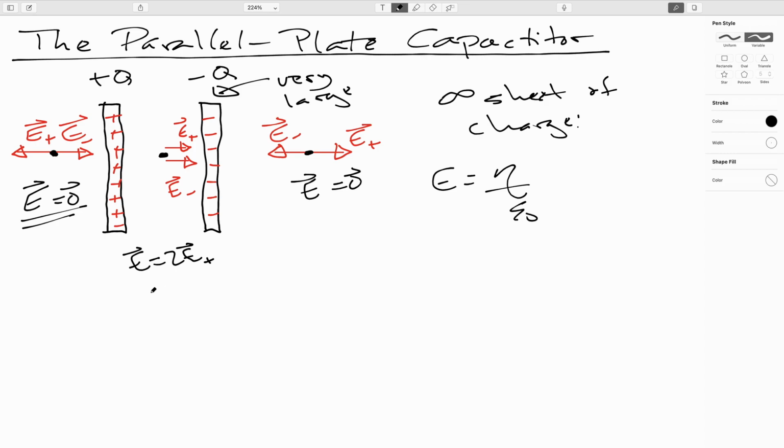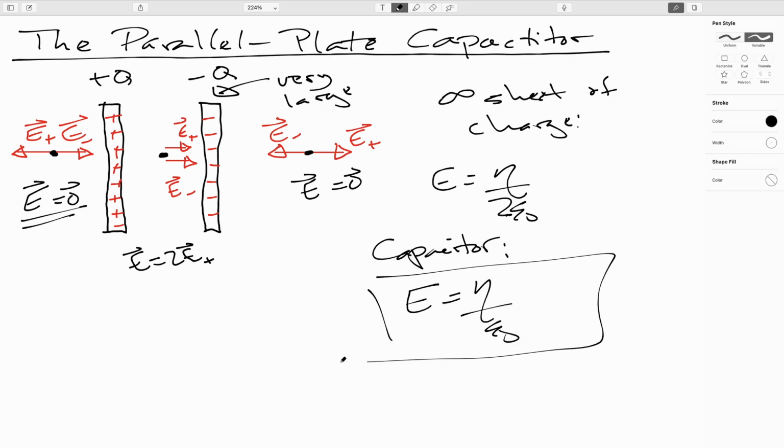So now we've got two of these. So the electric field strength for our capacitor will be 2 times that, so it's just plain eta over epsilon naught for our capacitor.